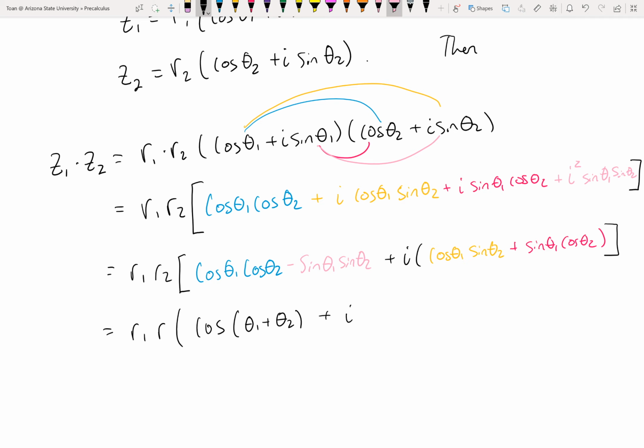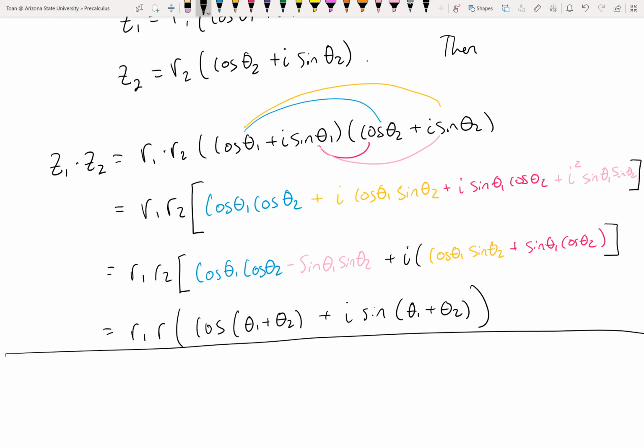Plus I. Similarly, we've seen this pattern before, except it's sort of backwards. Sine of the first angle, cosine of the second angle, plus cosine of the first angle, sine of the second angle. That's precisely the pattern for the sine of a sum. So this equals I sine of theta sub 1 plus theta sub 2. Right.